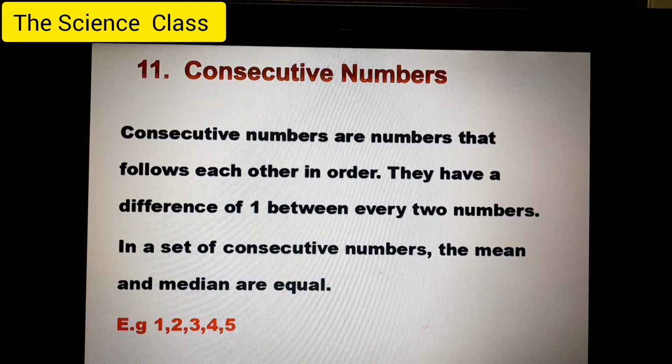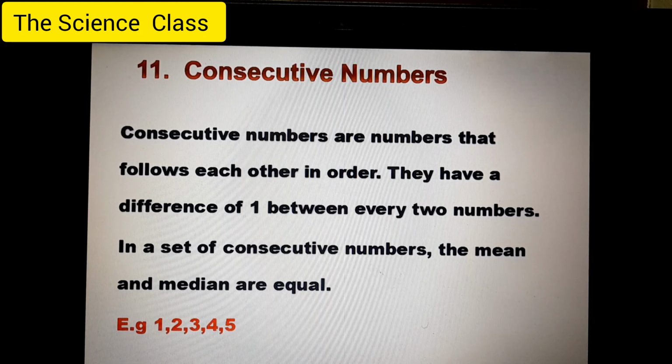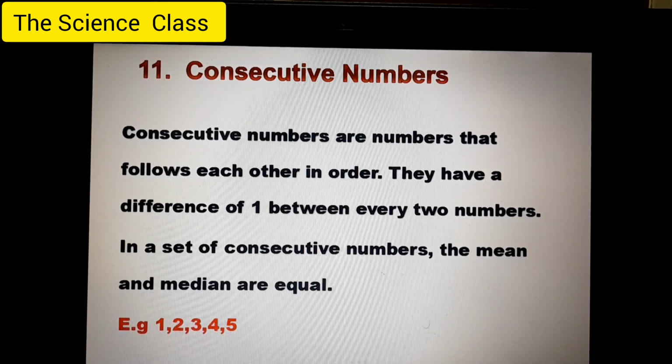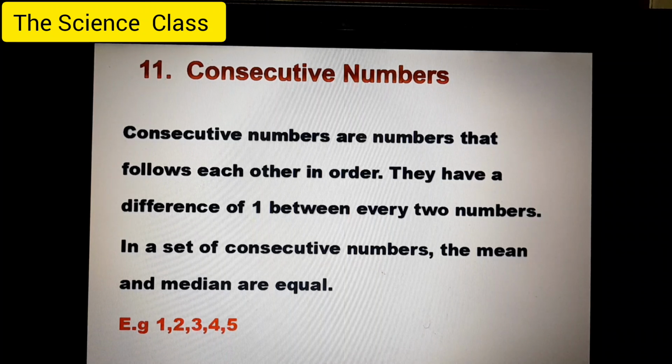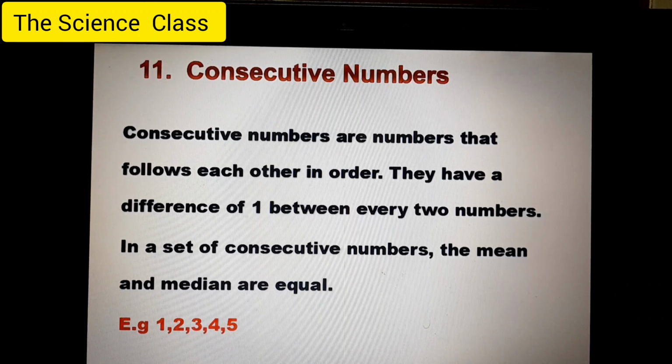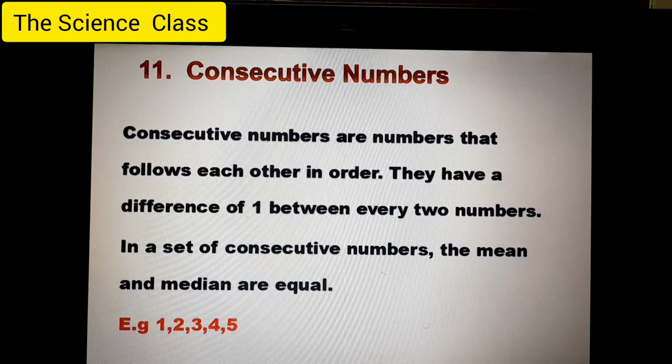Next kind of number is consecutive numbers. Consecutive numbers are numbers that follow each other in order. They have a difference of 1 between every two numbers. In a set of consecutive numbers, the mean and median are equal.